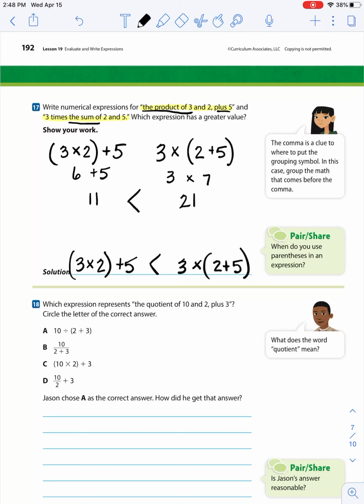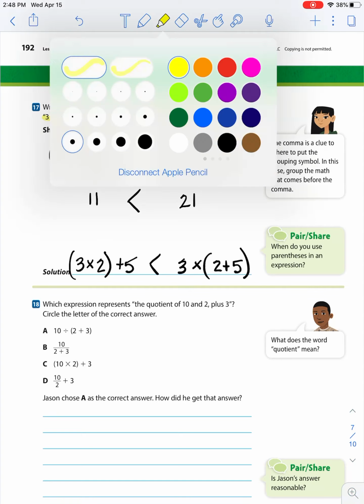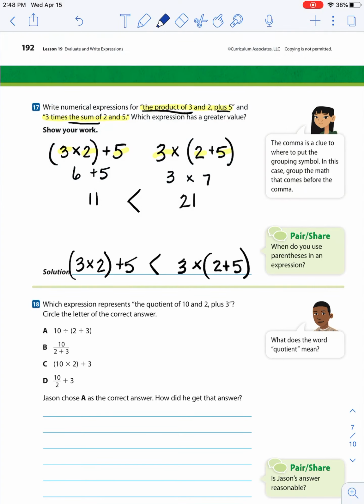Look at that, all the same numbers. 3, 2, and 5. They did that on purpose. Look, same order. 3, 2, 5. 3, 2, 5. And then look at this. Even times, times. Adding, adding. All in the exact same order. Goes to show you that parentheses completely changes the solution to the problem.